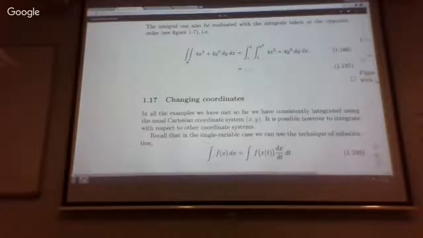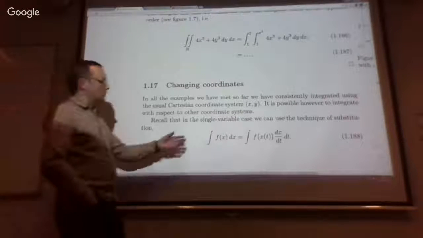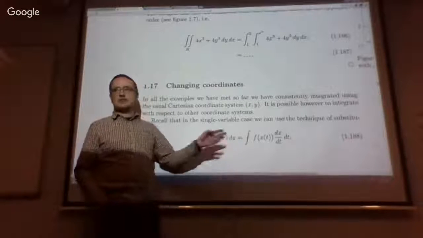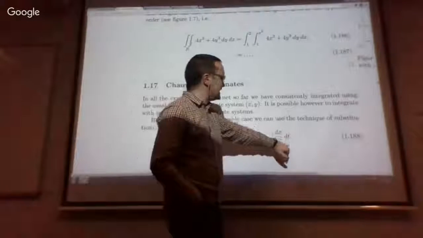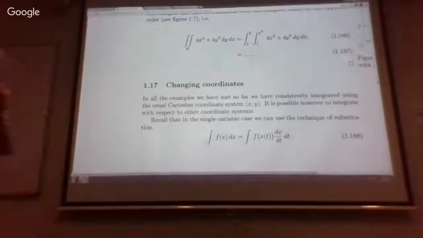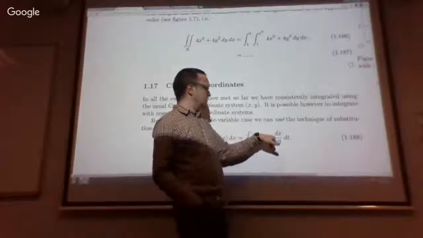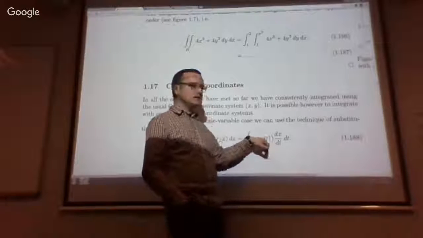So integration by substitution was a technique available to you to help you integrate integrals of the form integral of f of x dx, a function of a single variable with respect to that variable. You could, if you wanted to, rename or change the variable into a new variable t using some well-understood functional relationship between x and t. So instead of x, you'd replace x with the function x of t, an expression in terms of t.